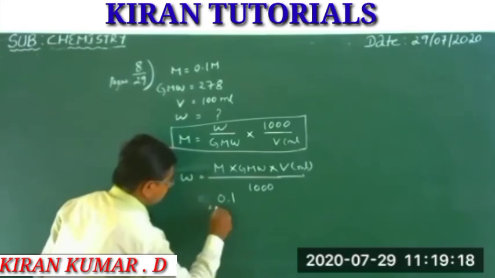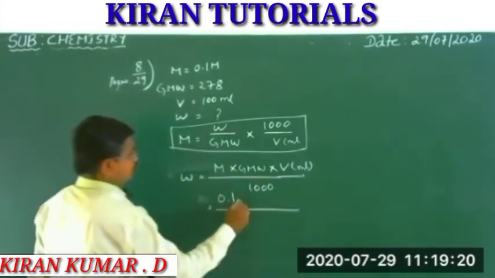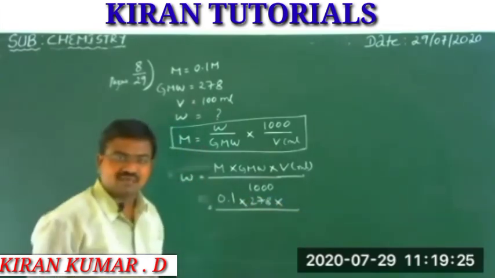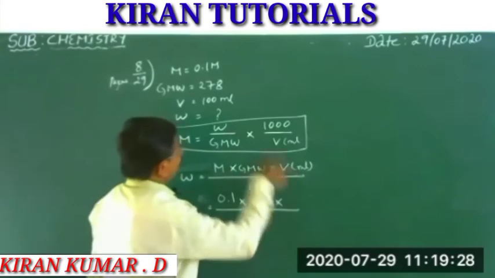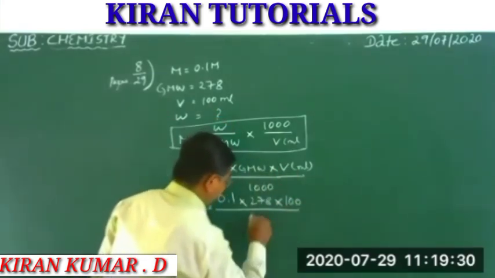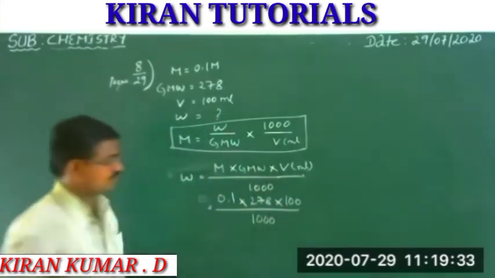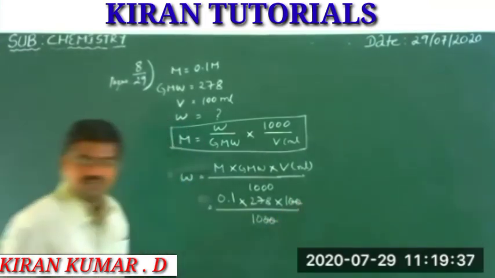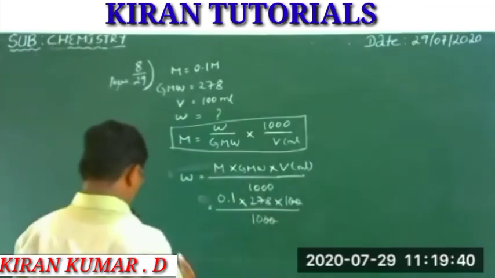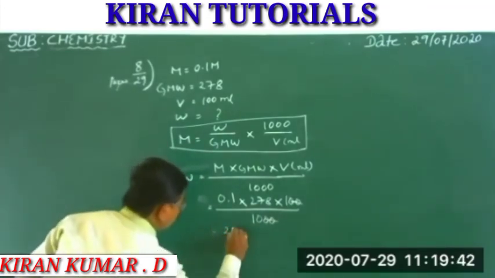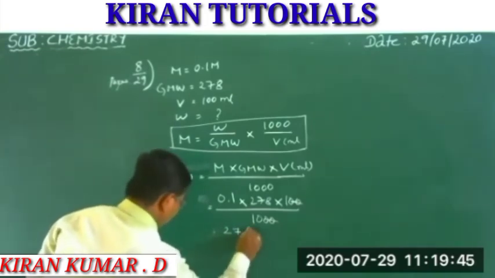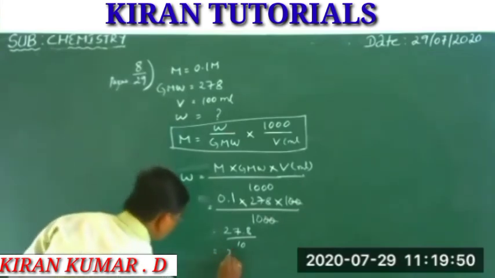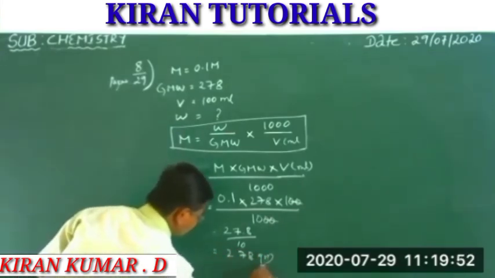Then what is molarity? 0.1 into molecular weight 278 into 100 by 1000. See the answer. What is the answer? 27.8 by 10, so that is equal to 2.78 grams.